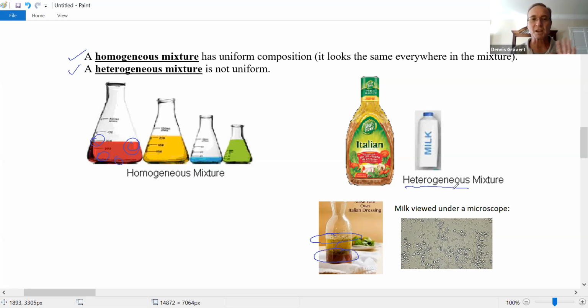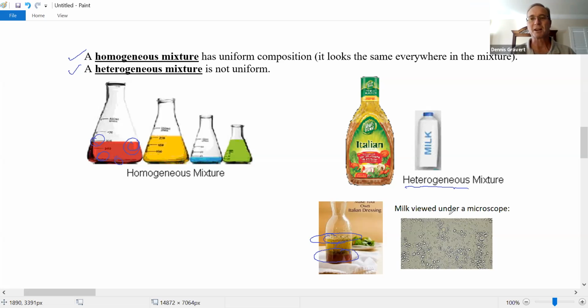Heterogeneous means it's a mixture that's not uniform. You can see that the top part is very different from the bottom part. You can see little specks in here. If you zoom in on a speck of solid, a kernel of pepper, that's different from the oil part or the vinegar part. So you go to different parts of the solution and it's not the same, not uniform, therefore it's heterogeneous. Milk, you have to view under a microscope.